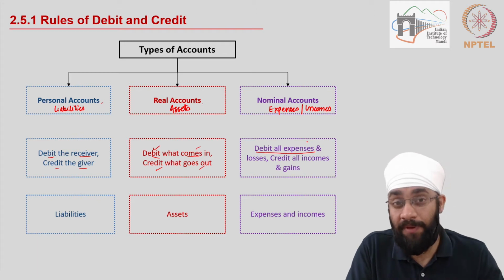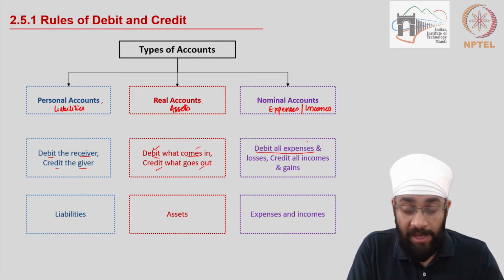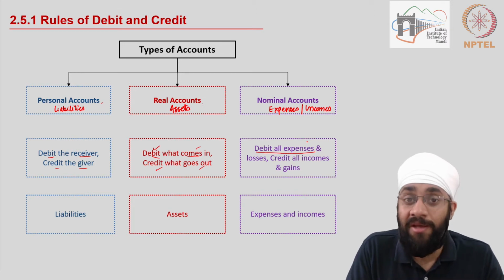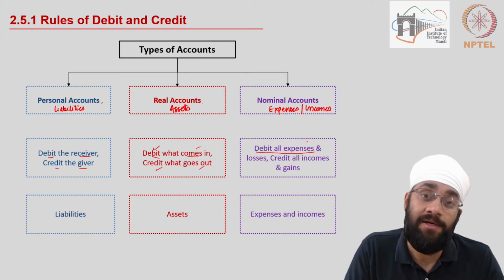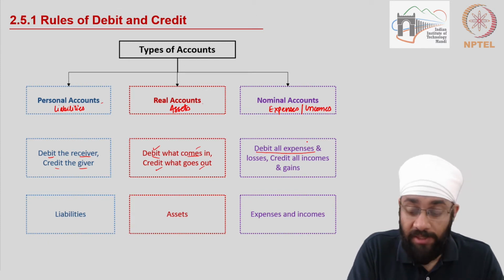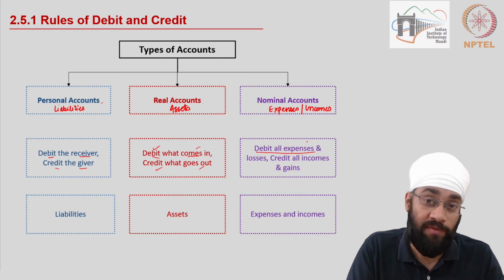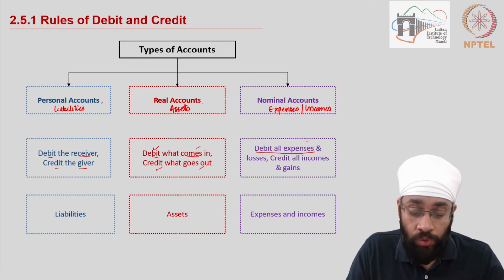We practiced this in the previous videos, and all I did was give you some rules of thumb. Sometimes you are confused and you need guidance, and these are the rules that you would use to write the transactions in the books of accounts. Let's put these to use a little bit more.